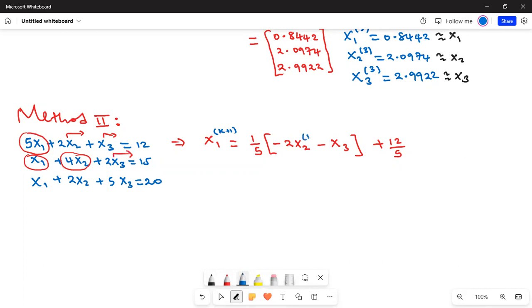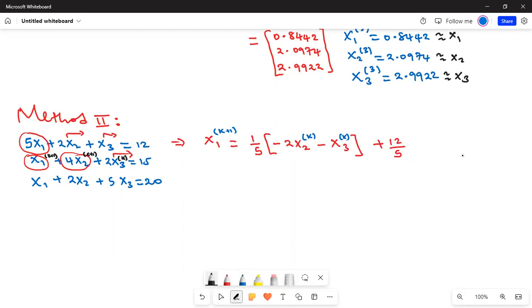On the right you put level k. Here again level k. So why are we making x1 and x2 the subject in this case? I want the level of x1 in equation 2 to be k plus 1, and the level of x2 to again be k plus 1. It is only x3 that is k.